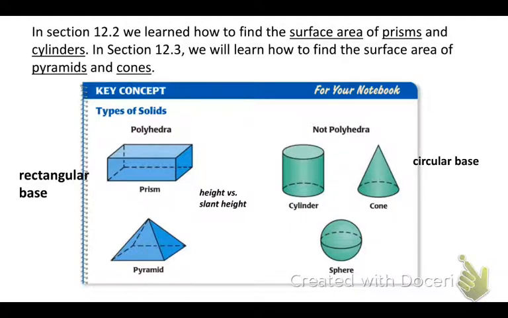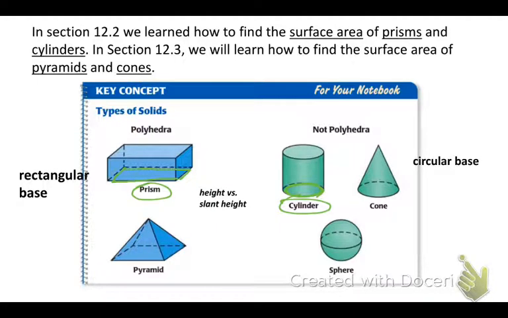So you notice, we learned about prisms and cylinders. And what do you notice about the difference with them? They both have bases. In a prism, the base is a polygon. It can be any polygon. In this case, it's a rectangle. And a cylinder has a base, but it is a circle.